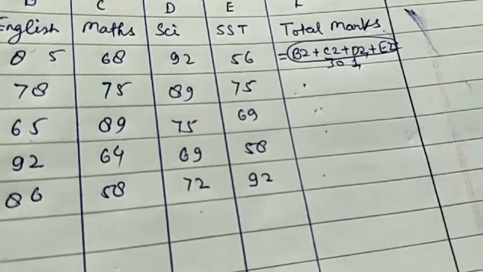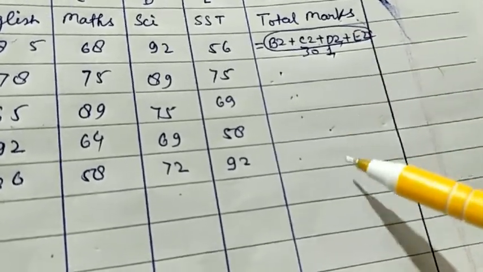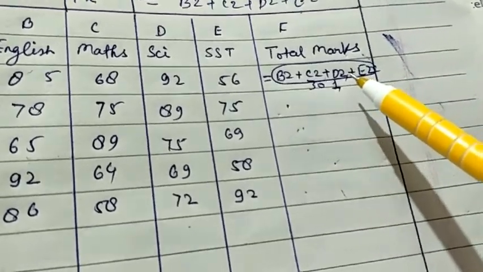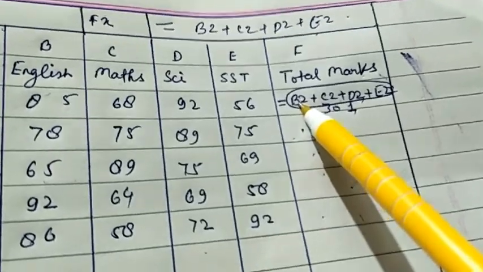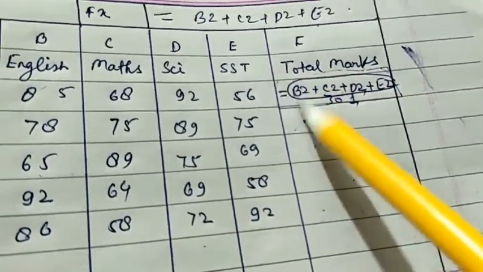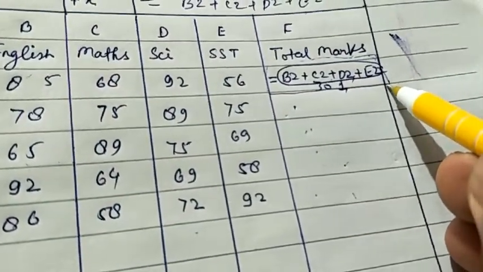So there is no need to write the formula every time. When you fill the formula in the first cell, after that you have to select it. With the help of the mouse you will select it and place your cursor here.